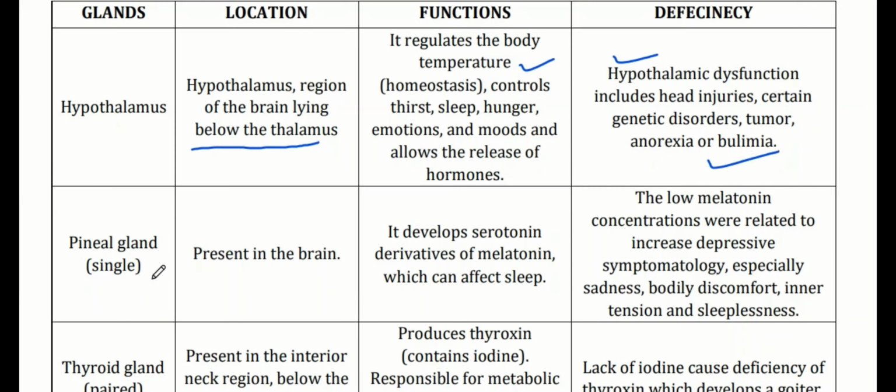Next is the pineal gland. It is single in our human body. It is also present in the brain. What is the function of the pineal gland? It produces serotonin derivatives of melatonin, which can affect sleep. What are the deficiencies? Low melatonin concentration is related to increased depressive symptomatology, especially sadness, bodily discomfort, inner tension, and sleepiness.